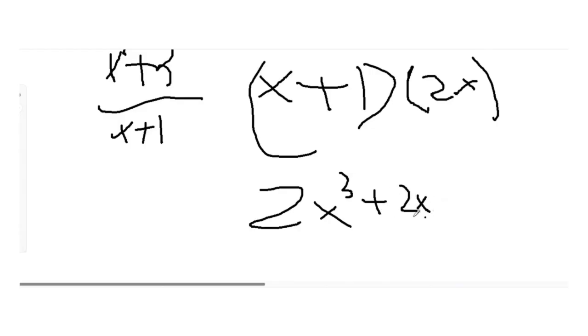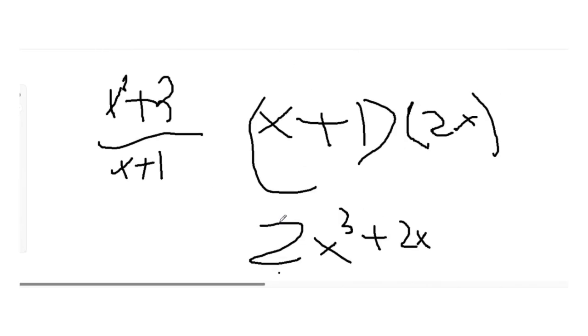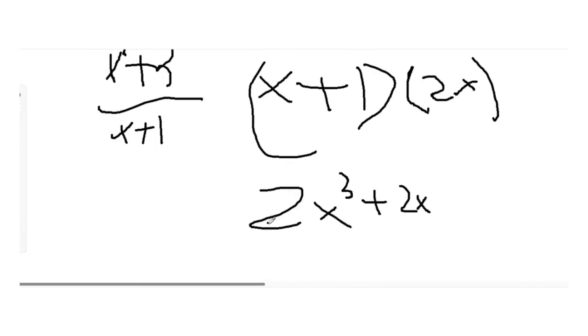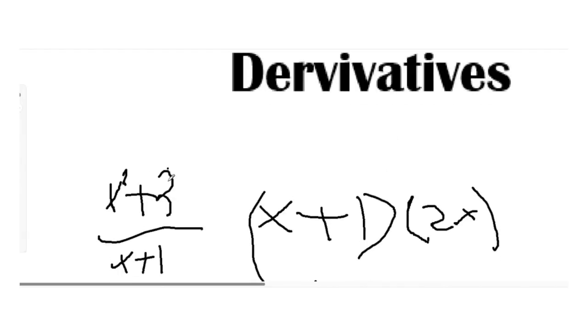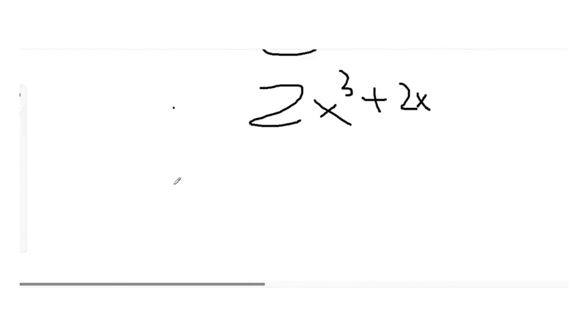So that minus u times v prime. So u times v prime is x squared plus 3 times the derivative of x plus 1. The derivative of x plus 1 is 1 because derivative of 1 is 0 and derivative of x is 1. So it's 1 times x squared plus 3, which is simply x squared plus 3.